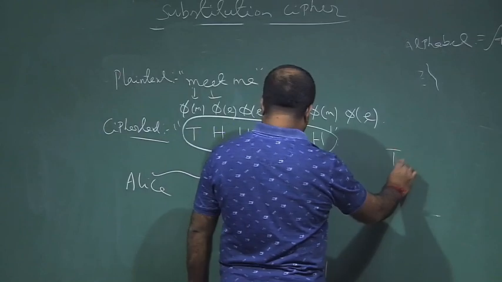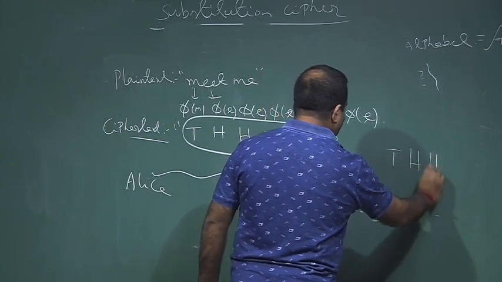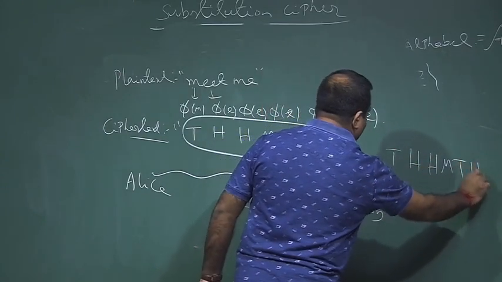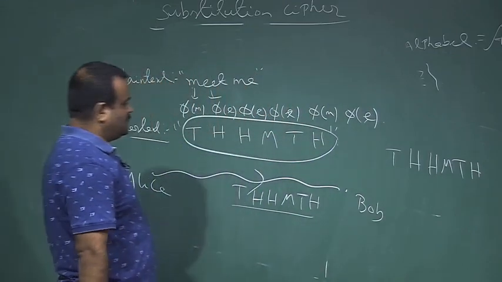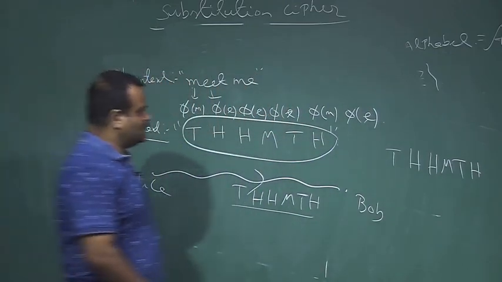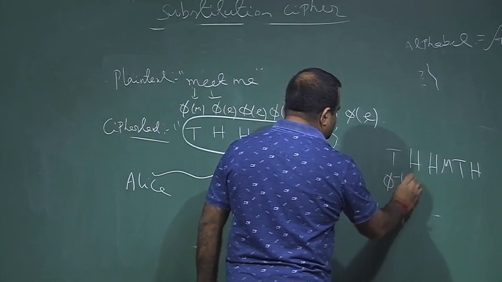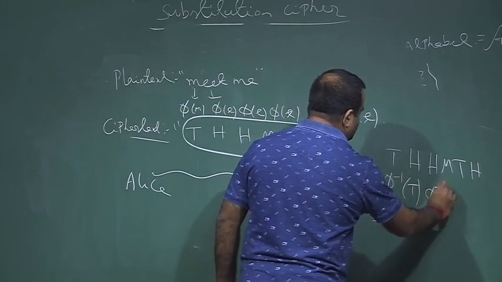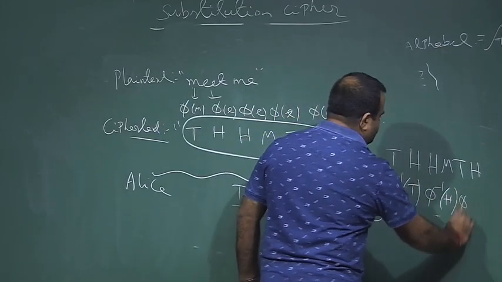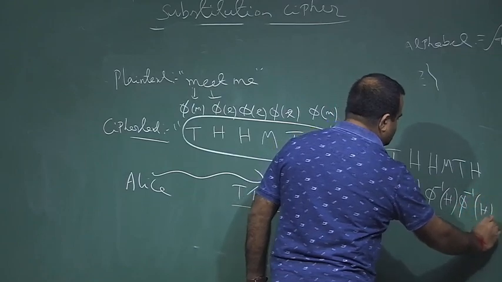After receiving this, Bob will apply the decryption algorithm. The decryption algorithm for the substitution cipher is just applying the inverse permutation: phi inverse of t, phi inverse of h, phi inverse of h, like this.